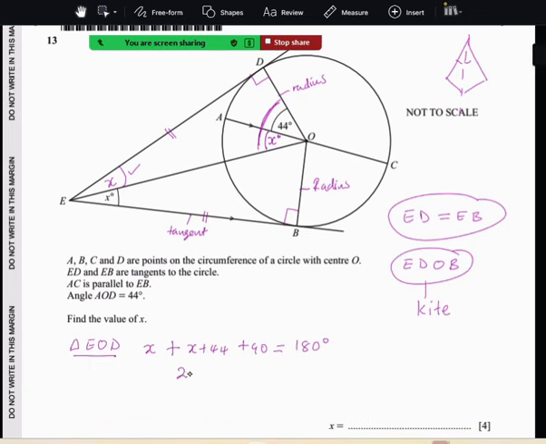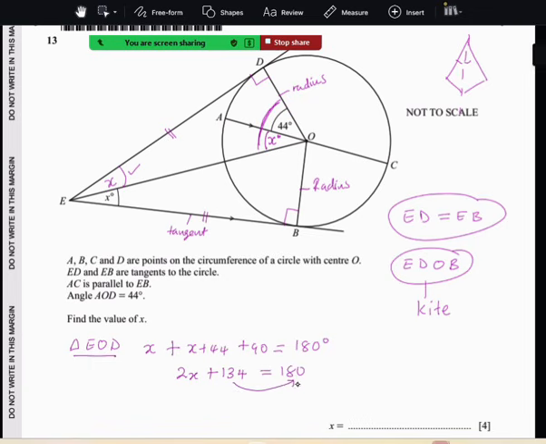So now I have 2x plus, what is 90 plus 44? 134. Equals 180 there.